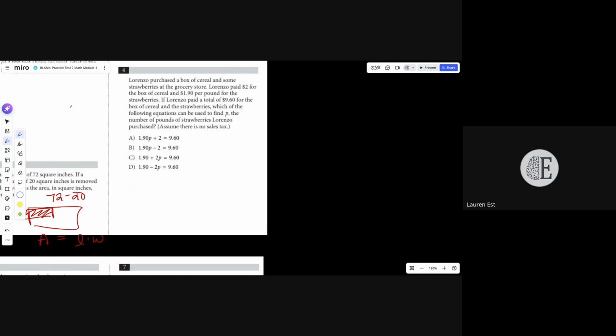For number 4, Lorenzo purchased a box of cereal and some strawberries at the grocery store. I think this is a systems question. Lorenzo paid $2 for the box of cereal and $1.90 per pound for the strawberries. If Lorenzo paid a total of $9.60 for the box of cereal and the strawberries, interesting. I haven't seen one like this.